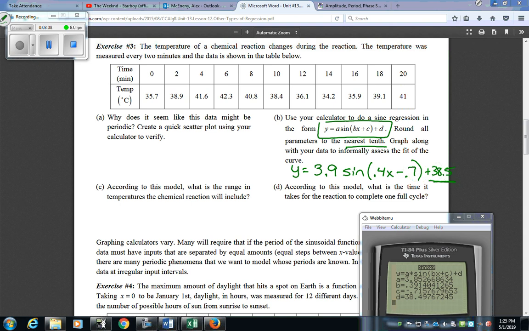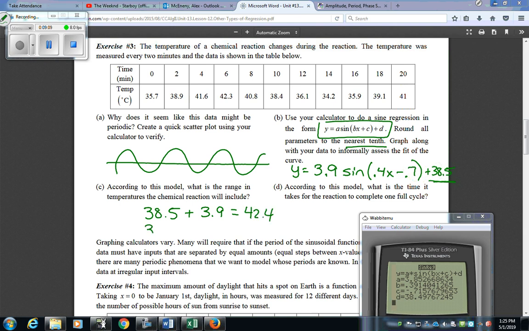Think of that as the line, if I was to draw that wave back, the midline would be the line that cuts through the middle of our function. And what we have to do is add and subtract the A value to that. So if I take my D value, which was 38.5, and I add A to it, 3.9, I get the highest value I would expect. So in this case, this is going to be 42.4.